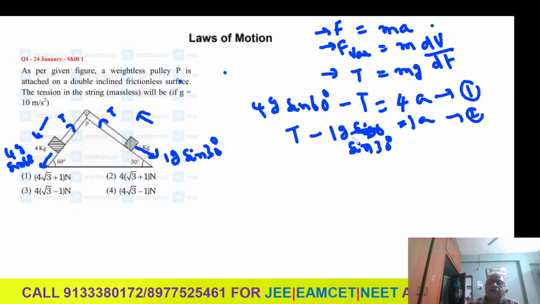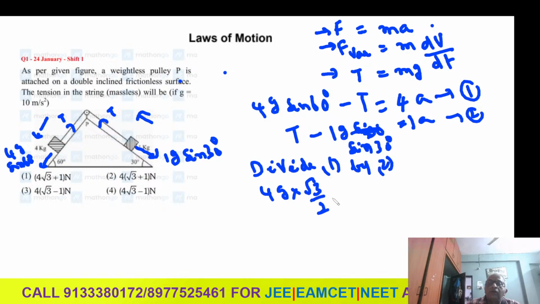If we add, tension will be cancelled, but he is asking for tension only. Don't add now, divide the first by the second, because acceleration we can cancel. 4g sine 60 means root 3 by 2, minus tension, divided by T minus 1g sine 30. Sine 30 is half, 1g means g.